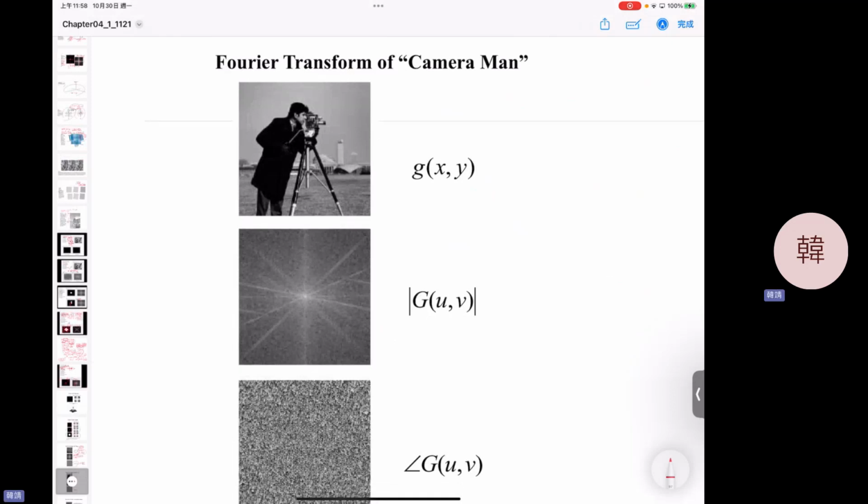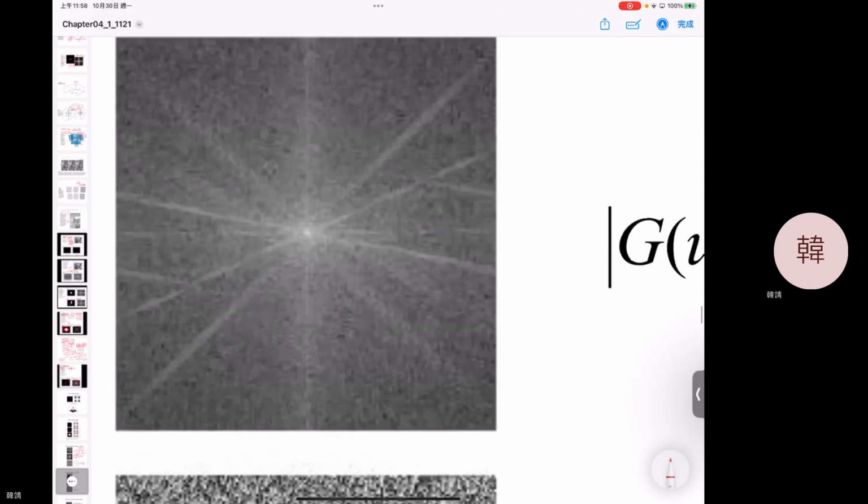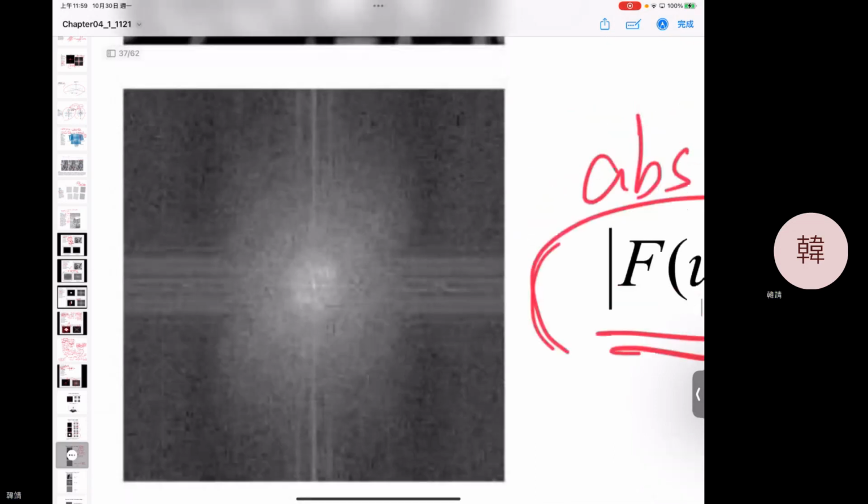So this is the cameraman image's amplitude spectrum, like this one. Can you tell the difference between this one and the rice? If I give you two images, one is the cameraman, one is the rice, and give you the amplitude spectra of these two images, can you tell the difference?